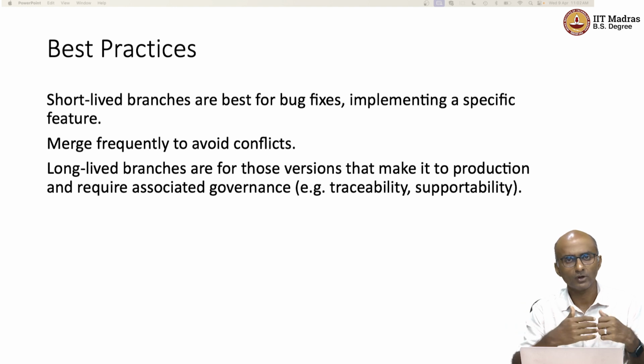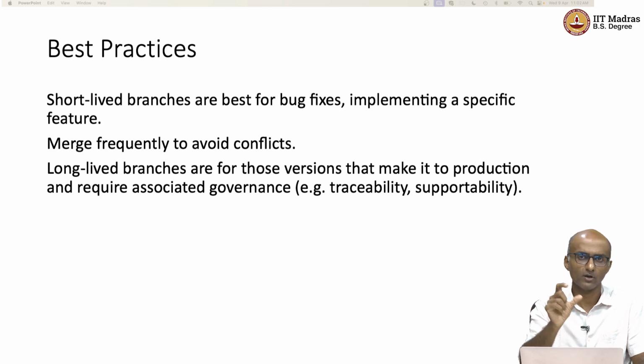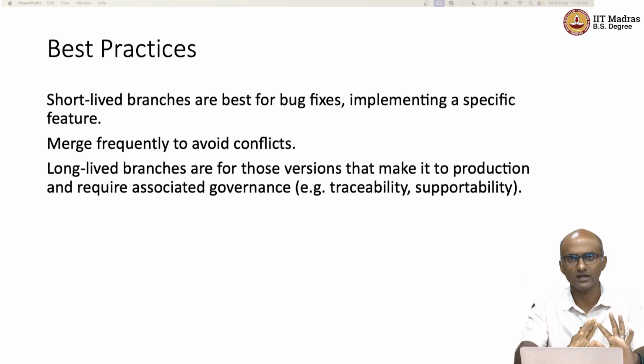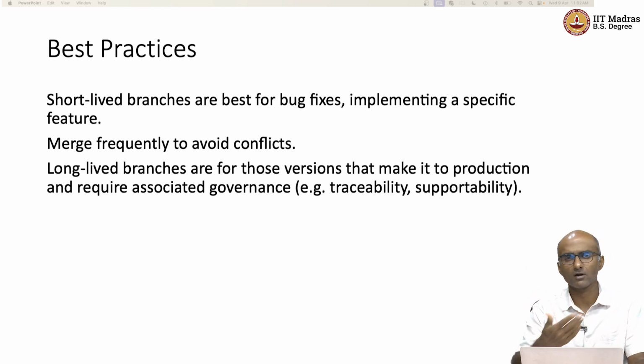Once it's approved, you can go ahead and delete this bug fix branch. You don't need that anymore. So what this allows you to do is to merge frequently, right? Because you're operating on small things at a time, and each of the small things operate on an isolated individual branch, and then it forces you to merge into the main, and that act of merging frequently helps avoid a lot of the conflicts typically arising from asynchronous software development.